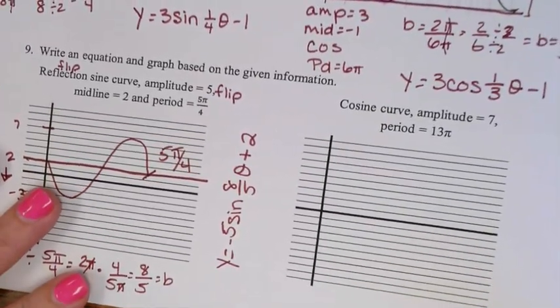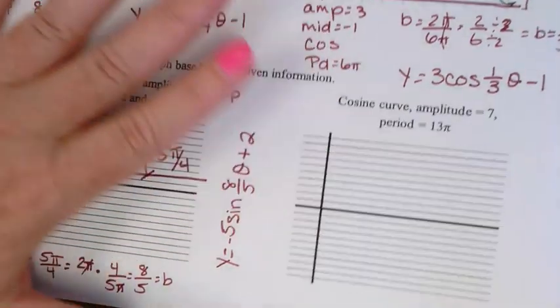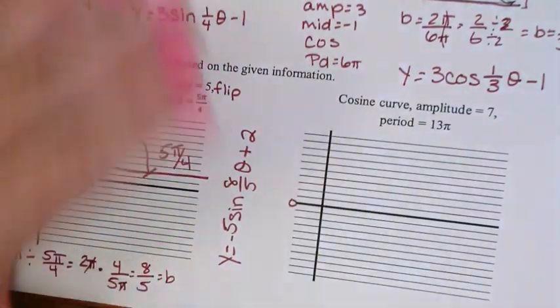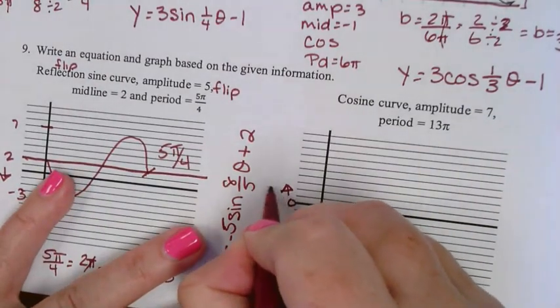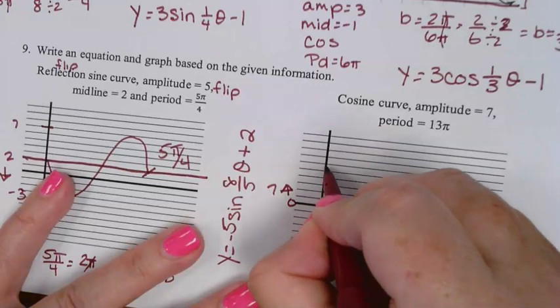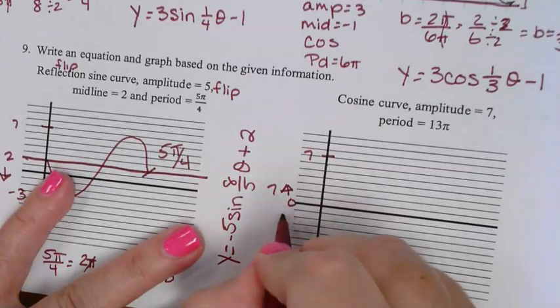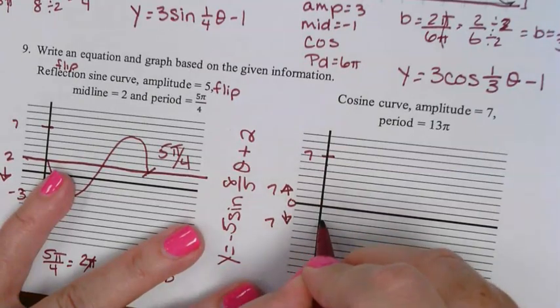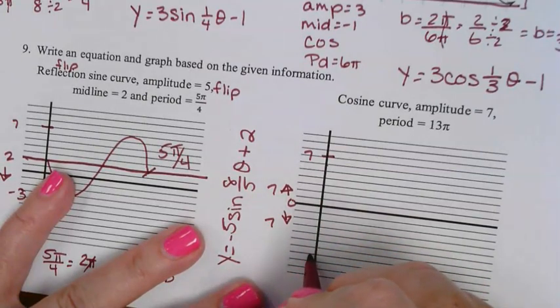Here we go. So no midline, we can assume it's right here at 0. So you're going to go up 7. 1, 2, 3, 4, 5, 6, 7. We're going to go down 7. 6, 7.